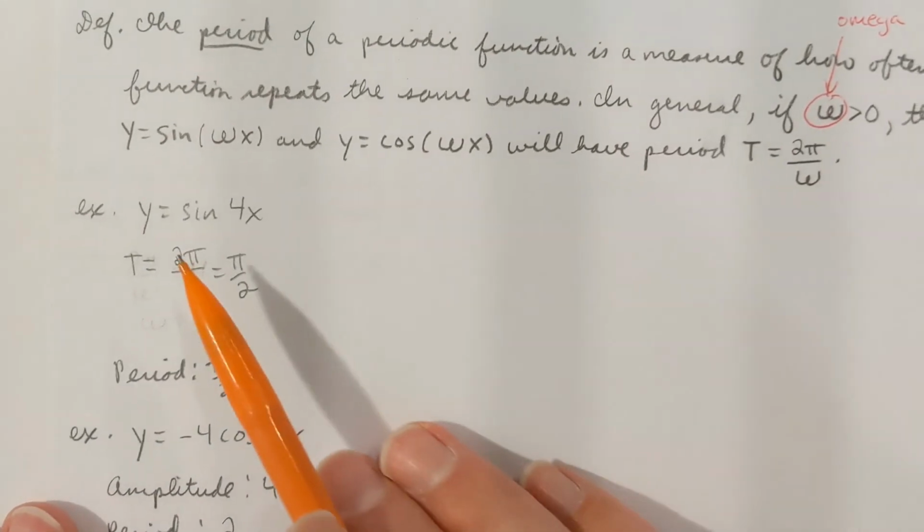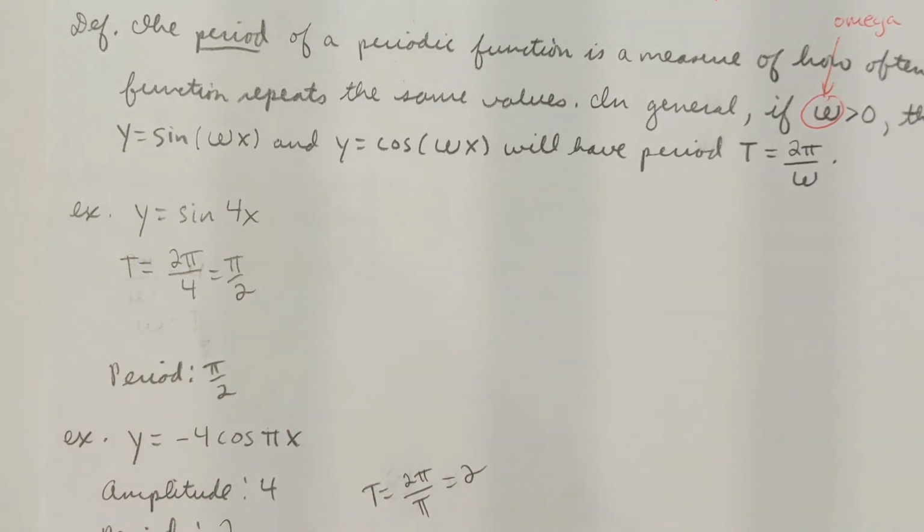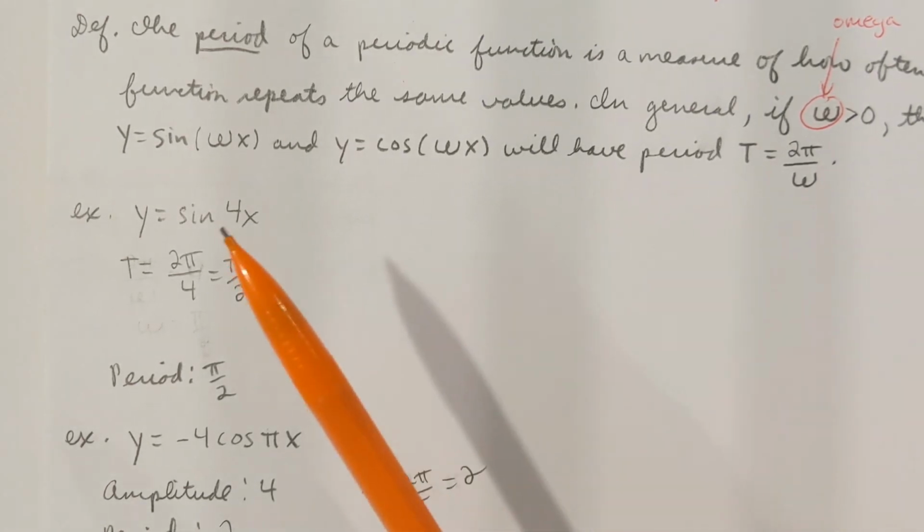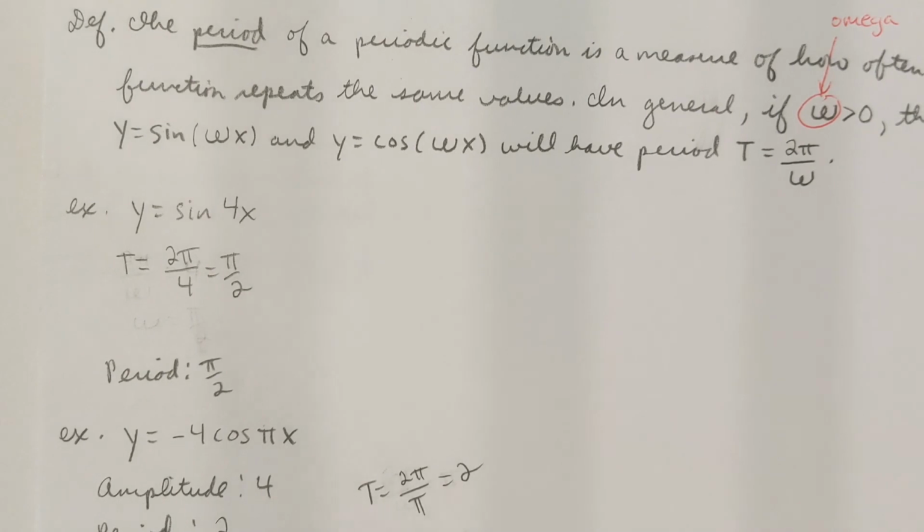So here's an example. Like if I had the equation y equals sine 4x, and they were asking to identify the period of this function, the fact that I've got a 4 there means that the period is not going to be just 2 pi radians. Okay, I'd have a horizontal shrink by a factor of 4.